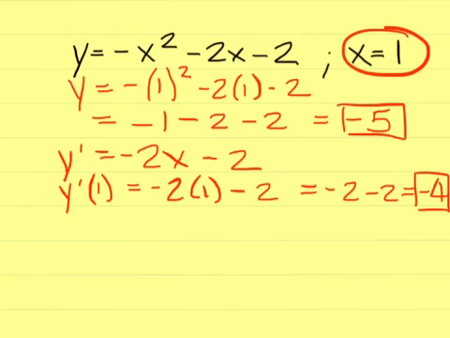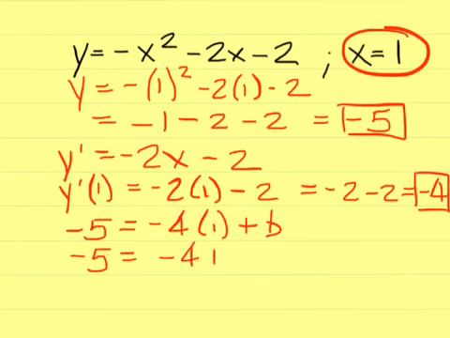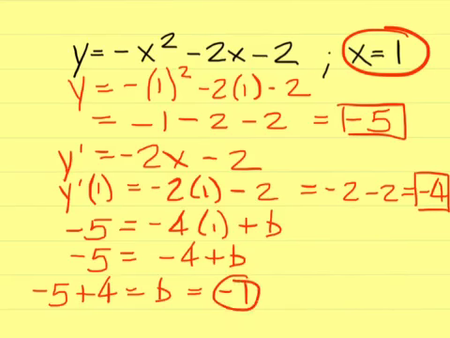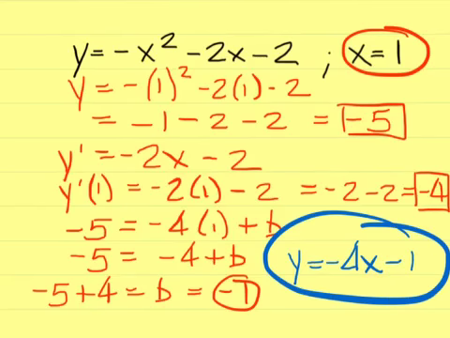That would be negative 5 equals negative 4 times 1 plus b. Negative 5 equals negative 4 plus b. And we'll have negative 5 plus 4 to come up with an answer for b of negative 1. So the equation is y equals negative 4x minus 1.